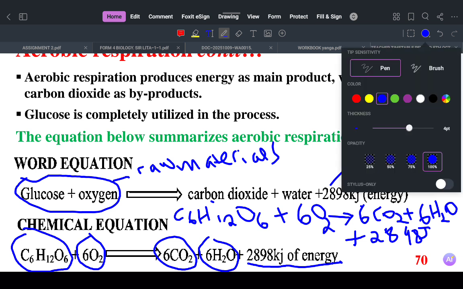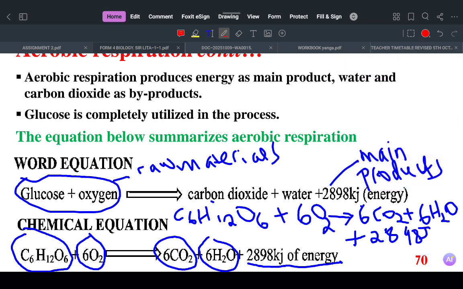There's a common problem that we see when marking papers, that students forget to include these coefficients, the sixes. All right, the usefulness of these coefficients is to make sure that the equation is balanced. Remember, this is a chemical equation, so all chemical equations need to be properly balanced.